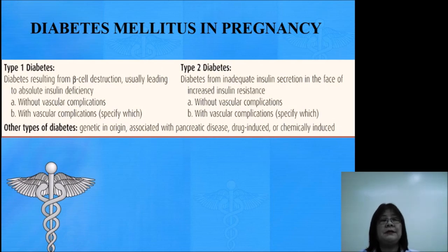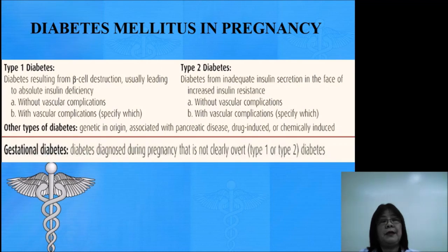Type 1 diabetes is an absolute insulin deficiency. It results from beta cell destruction. Type 2 diabetes naman is due to inadequate insulin secretion, or you have an increased insulin resistance. You have the normal amount of insulin, but the periphery is resistant to it.